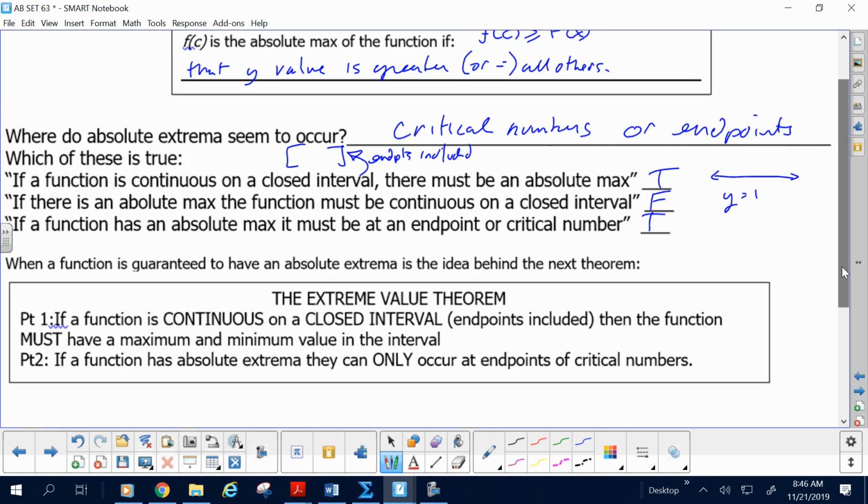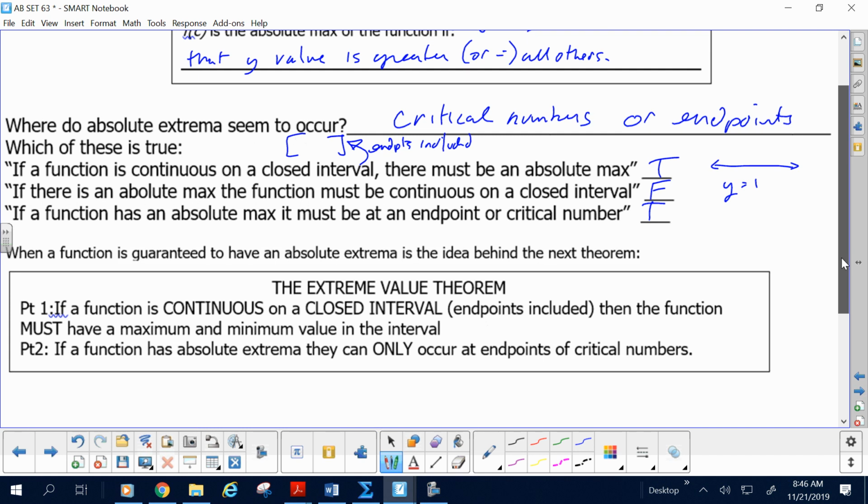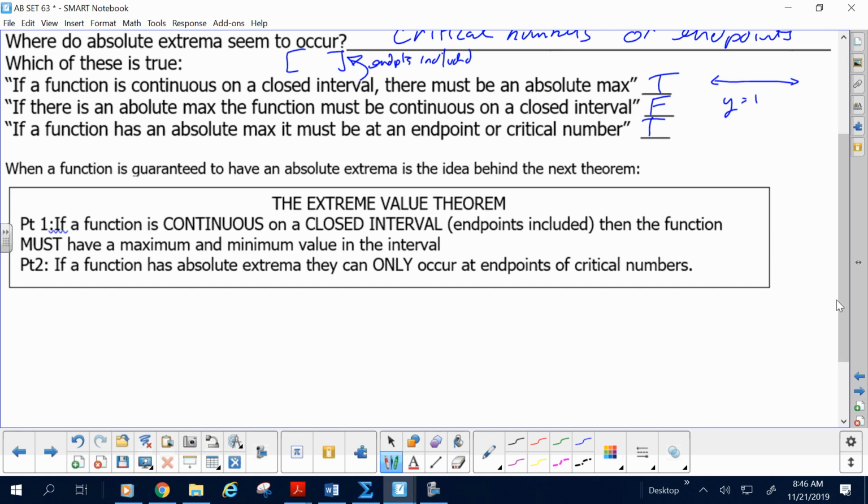Now, those ideas, the true ones, are really the basis of the extreme value theorem. I will often abbreviate this EVT. Most textbooks do. Our book calls it something weird, so I'm definitely not going there. But the EVT is a theorem that proves existence, like the IVT you've already learned, and the MVT, which you haven't learned yet.